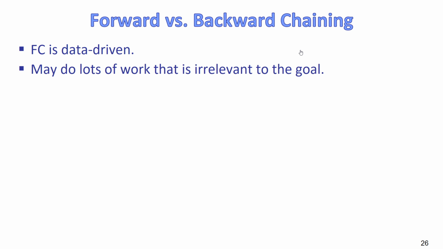It might happen that going bottom up, we might explore parts of the graph that are not useful or helpful to prove the query. We call that data driven because we start from what we know: the facts, the data, the observations.